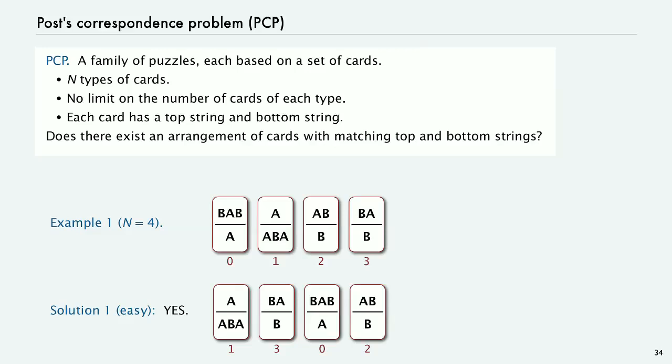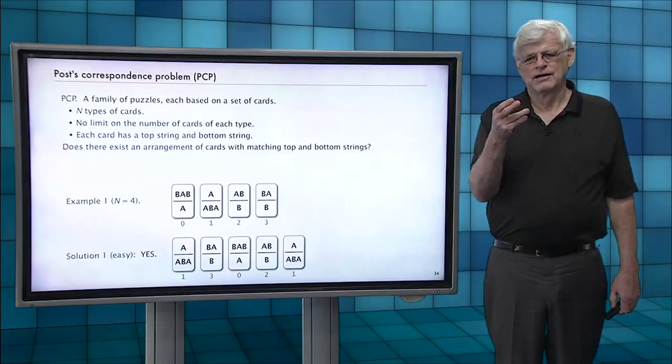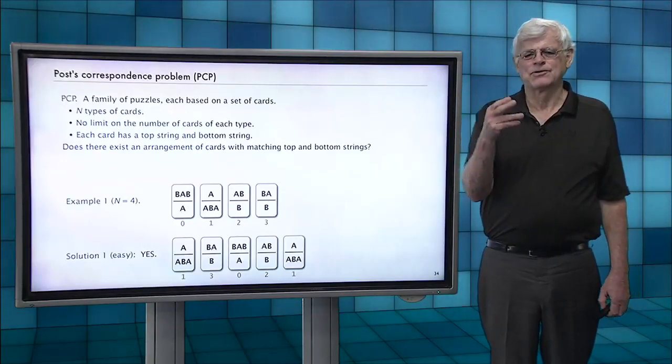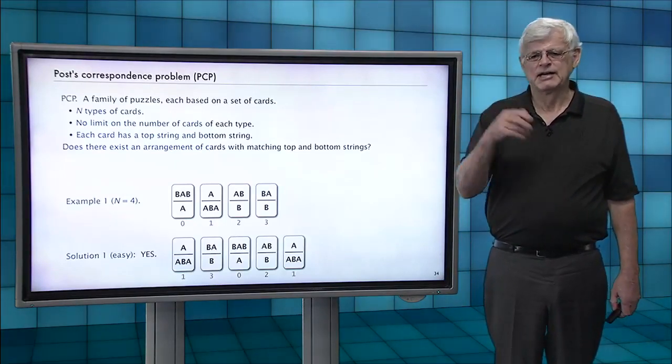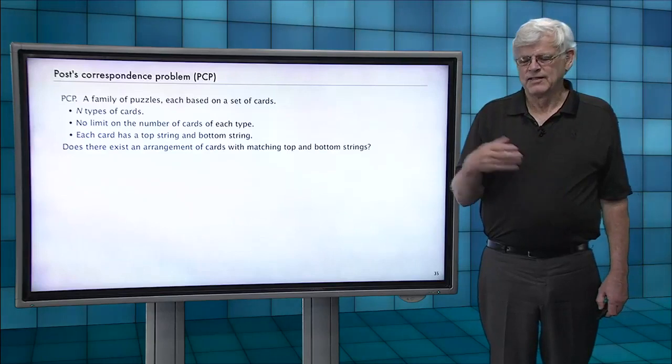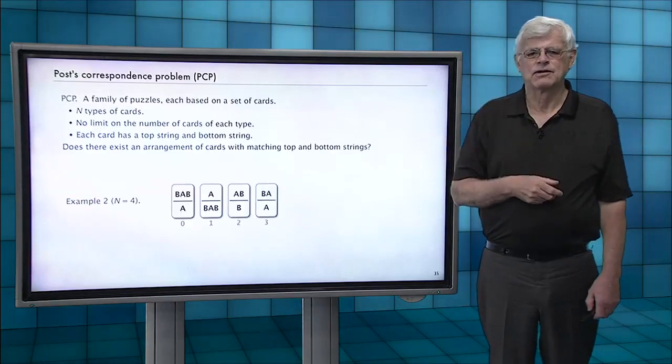So we're going to need, after a little analysis, to pick one of type 1. They both have to be A's, and now we've got a match. There are 9 characters alternating A's and B's, both in the top and the bottom, beginning and ending with A. So that's a solution for that set of cards.